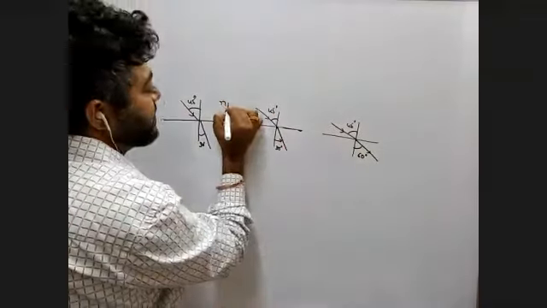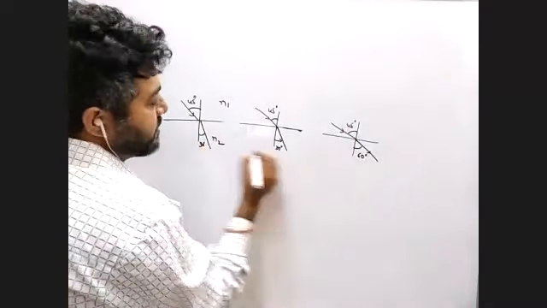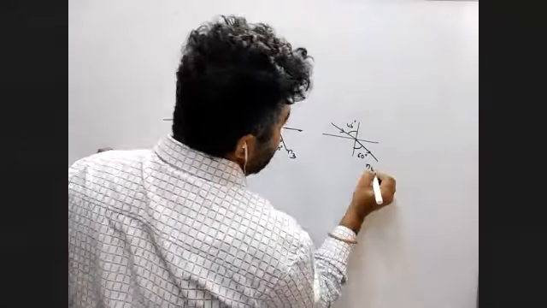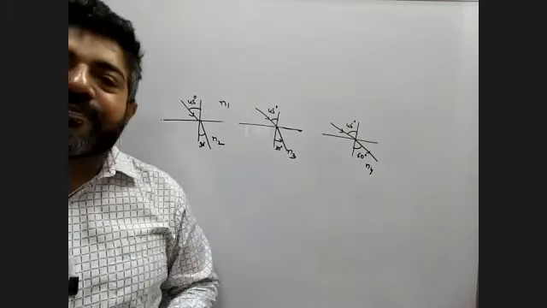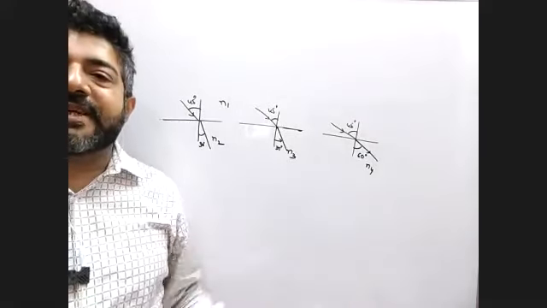Let the refractive index of the upper one be N1, this is N2, this is N3, this is N4. And they ask you to arrange them from the higher value of refractive index to the lower value.